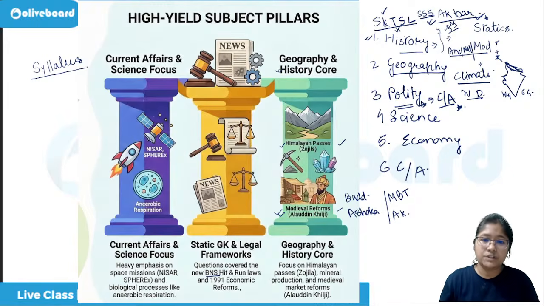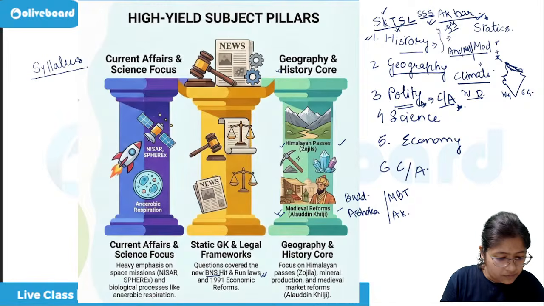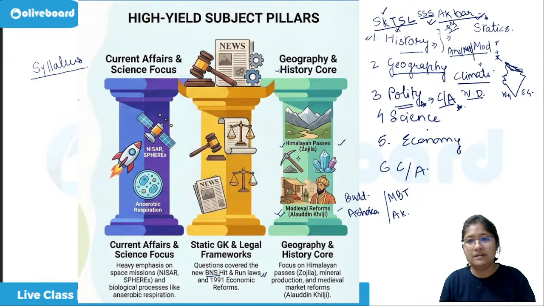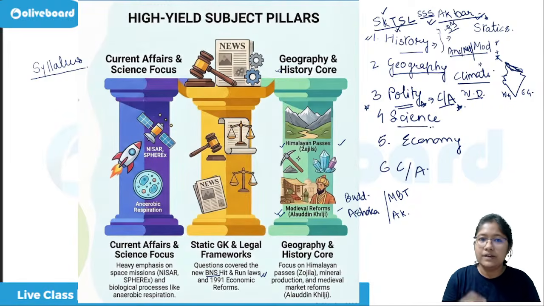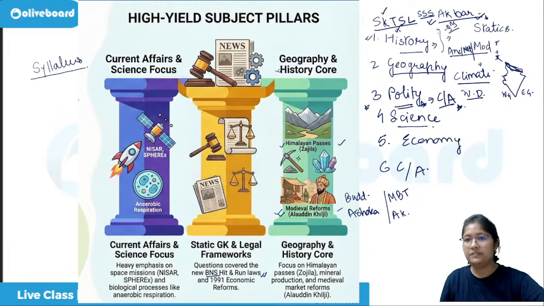So if there is a question on hit and run, it should not be random. You complete the basics and update your current affairs segment along with it. Coming to the science part, very recently we have seen that it has comparatively gone down.